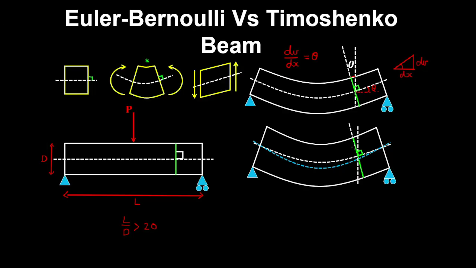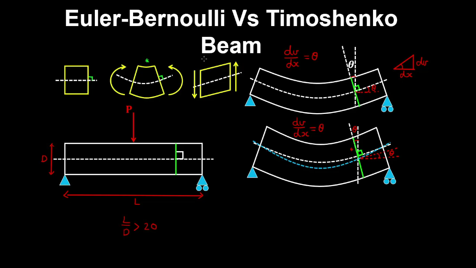Now with the Timoshenko beam, you have a rotation caused by the bending moment that causes the section to rotate, and here we can see that the section is perpendicular to the old neutral axis without shear deformation. So we have this angle looking something like this, being theta, and this bending deformation causes rotation of the section and the neutral axis.